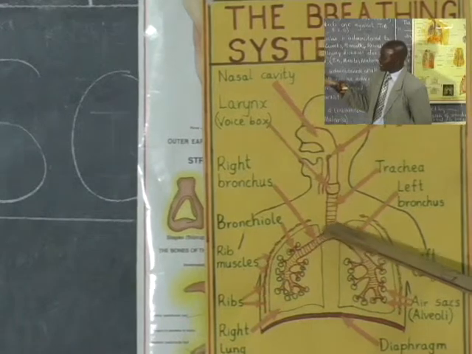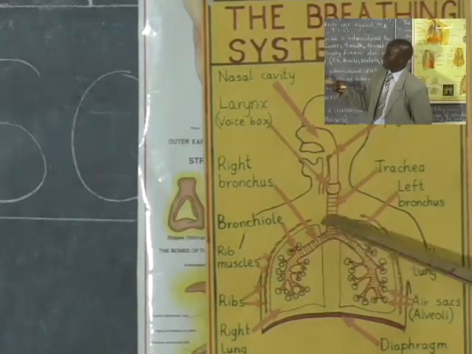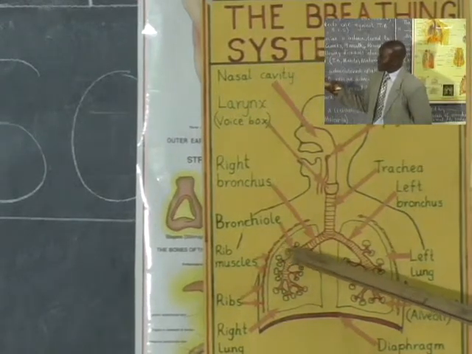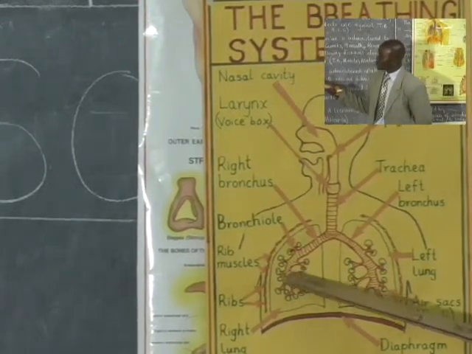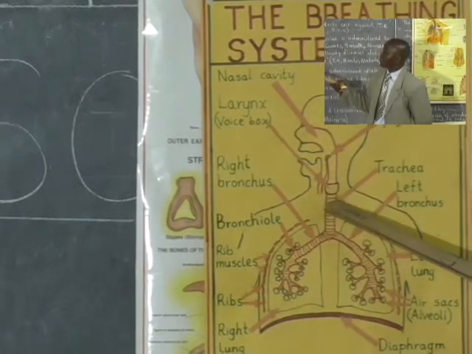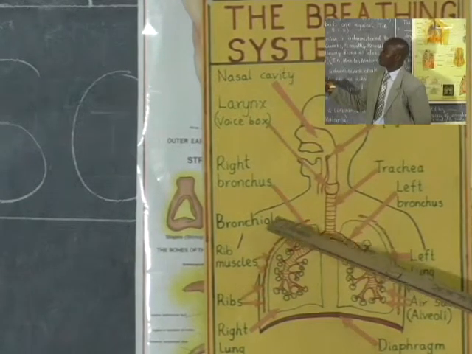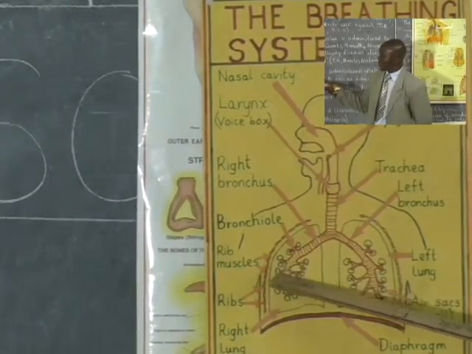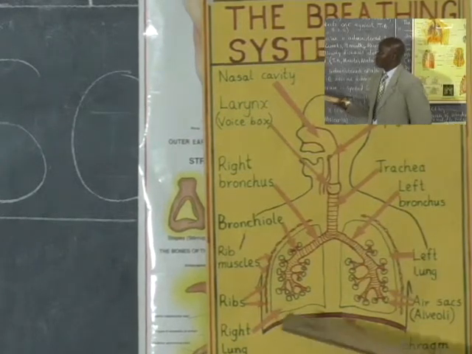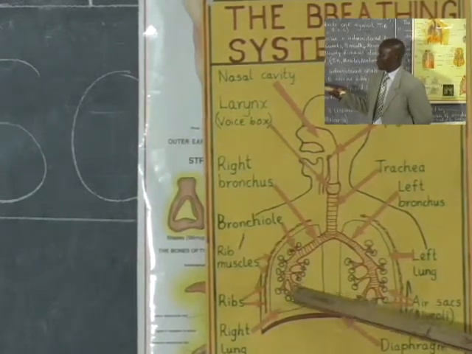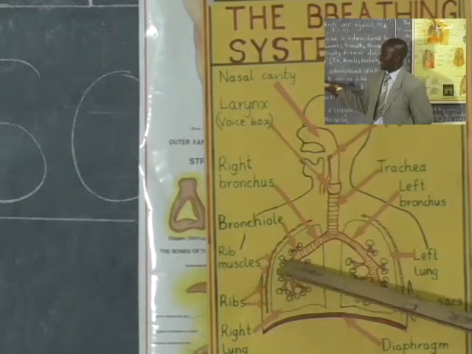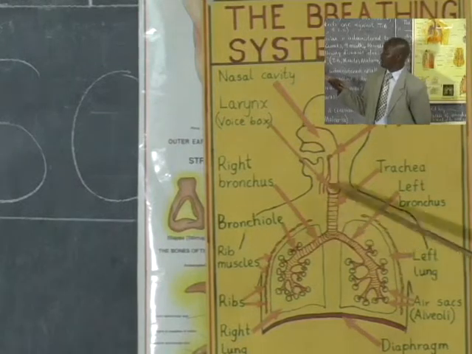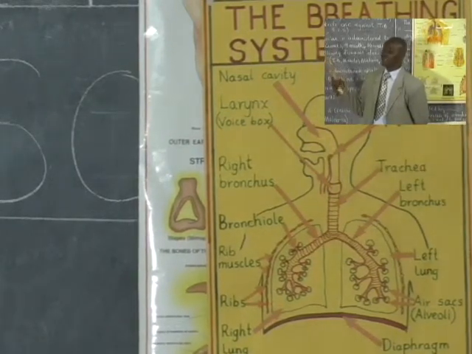The bronchus are just a subdivision of the larger pipe, that is the trachea we saw initially, that further subdivides into the smallest units, called the bronchiole. Then the bronchioles empty their contents, in this case air, into the small sacs that are called the alveoli or the air sacs.